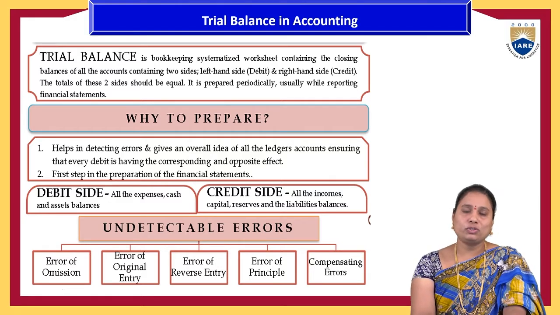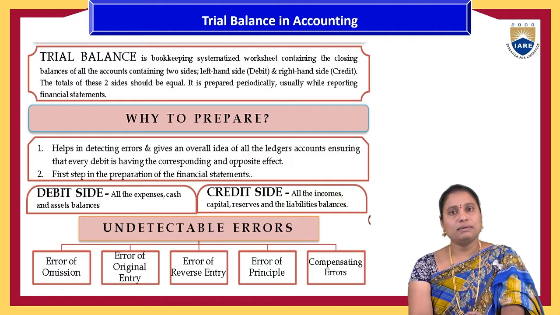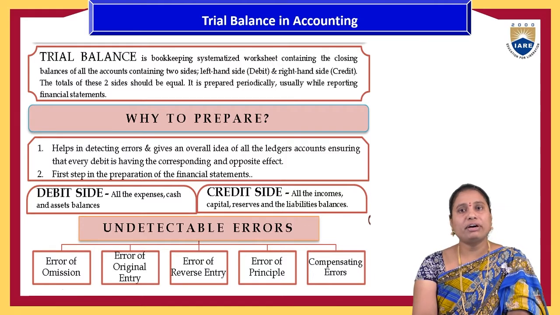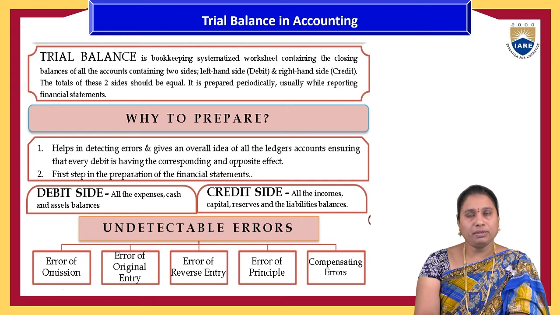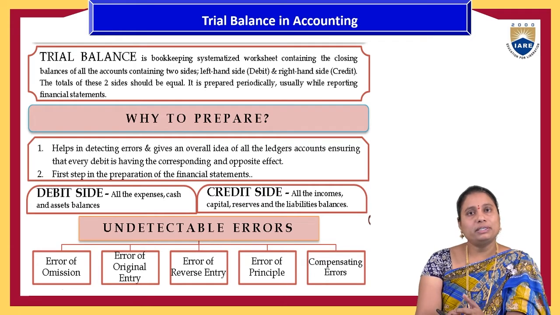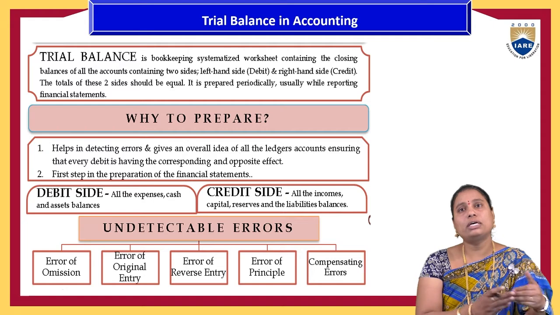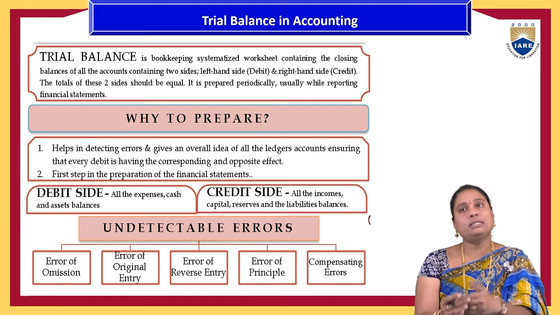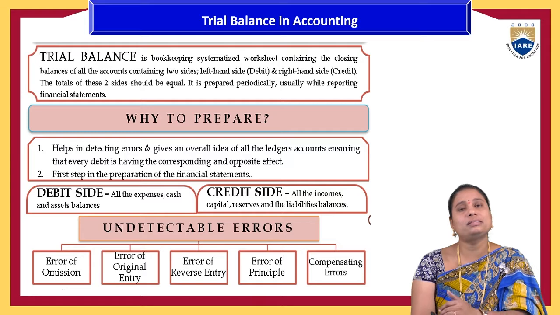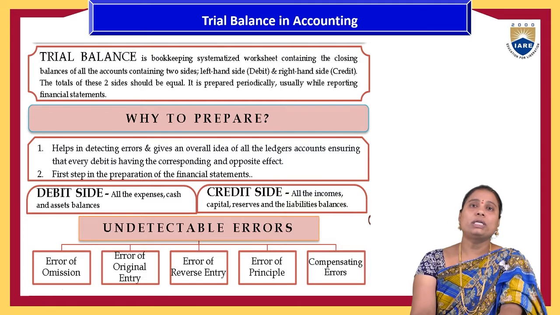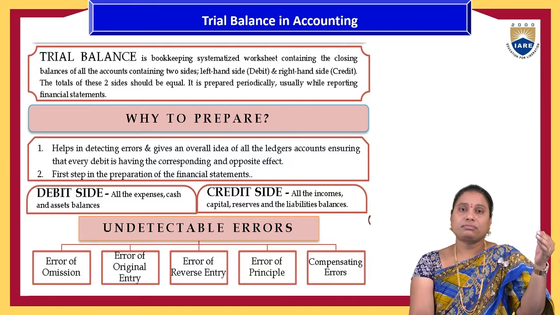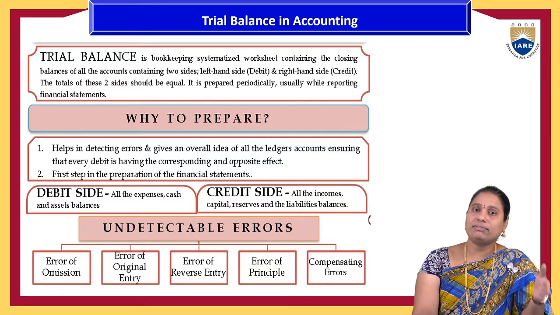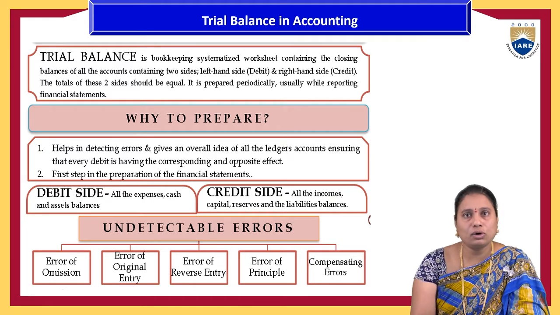If anything is missed in the journal entries or in the ledger accounts, that is easily found out and errors can easily be rectified with the help of this trial balance. In the bookkeeping method, the worksheet contains the closing balances of all the accounts, the debit balances and the credit balances, and the totaling of the two sides verifies whether the left hand side is equivalent to the right hand side or not.